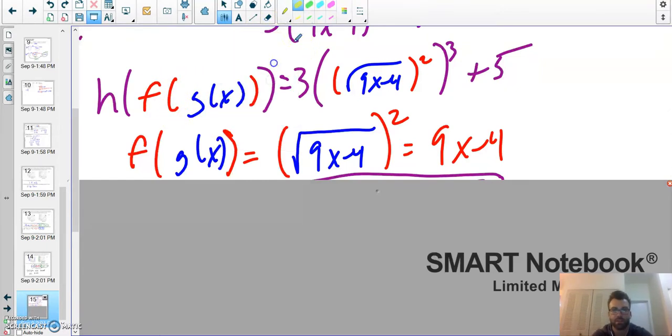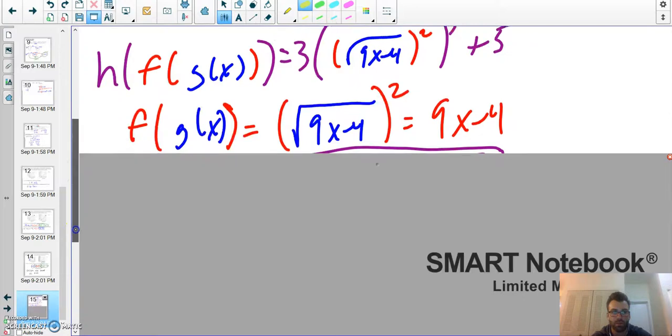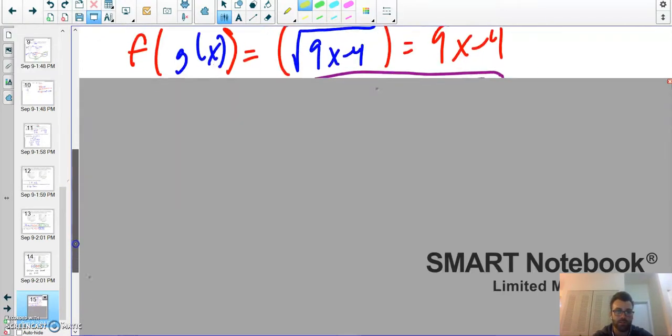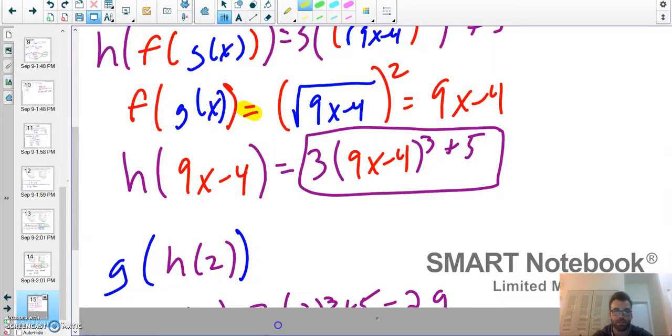For f of g of x, I take g and substitute it in for x in f. That gives me the square root of 9x minus 4, quantity squared. The square root and the squared cancel out, and I'm left with 9x minus 4. Now I take this 9x minus 4 and substitute it in for x into h.